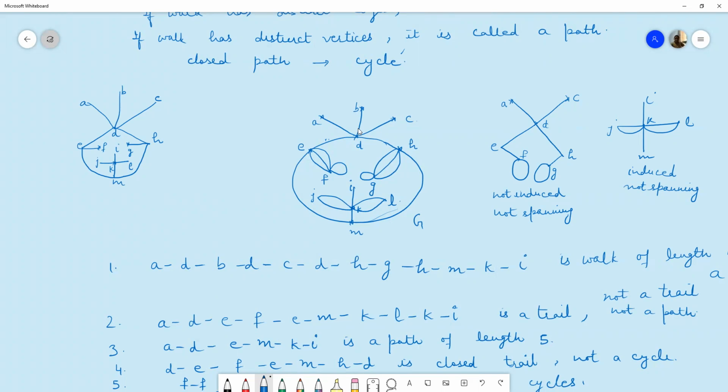Now this subgraph contains all the vertices. So it is a spanning subgraph. It contains all the vertices but some of the edges. So it is spanning. But it is not induced because it does not contain all the edges joining the vertices in this set. So it is not induced. So this is how we can define induced subgraphs and spanning subgraphs.